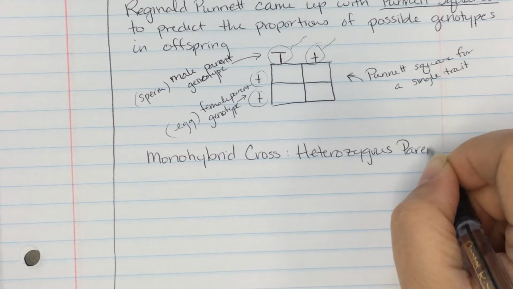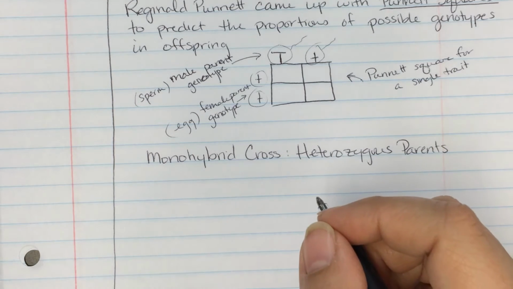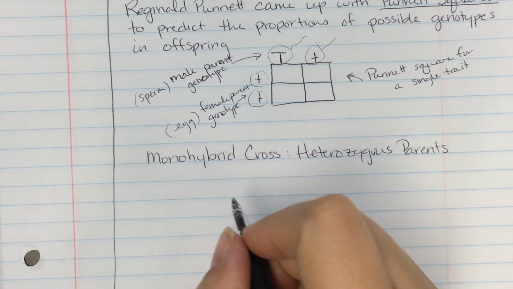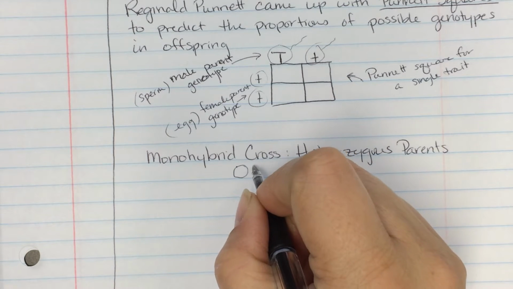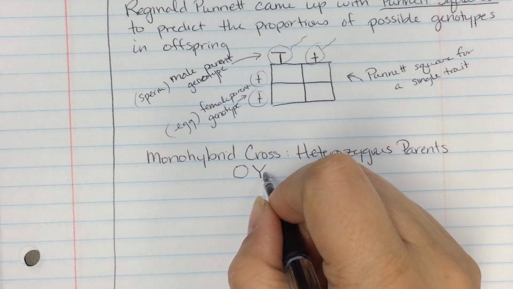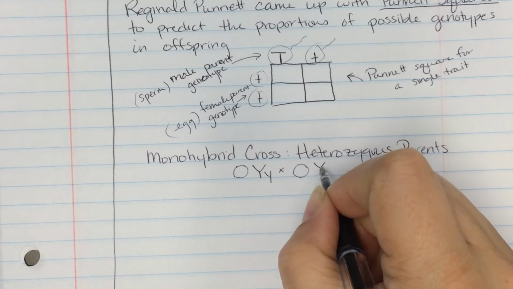So that means if we're looking at their genotype, we know that they've got one dominant gene and one recessive gene for their alleles. And so let's do pea color, for example, and the color yellow. So let's say we're taking two parents with peas that are yellow. So each parent, since it's heterozygous, would be big Y, little y, and we would cross that with another parent that's got the big Y, little y.